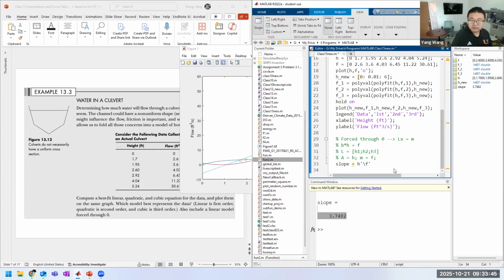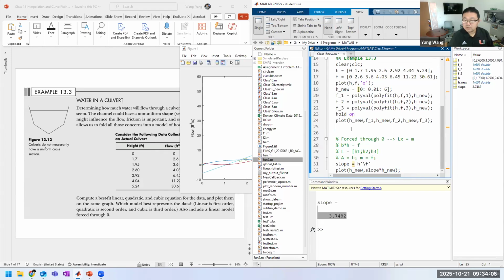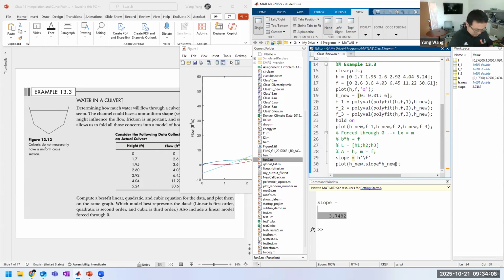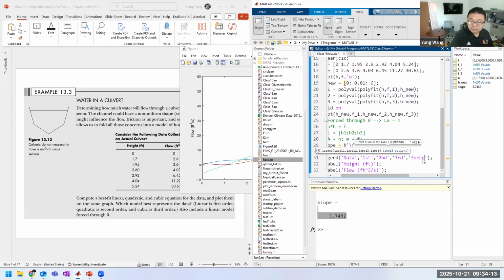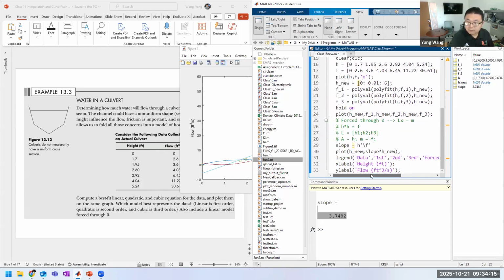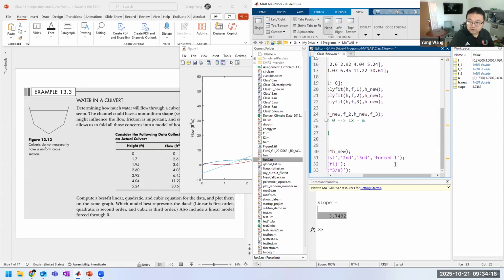Okay, so then we can do plot H nu and then slope measured by H nu. Right, and in terms of the legend, let's put it over here. Worst first order.